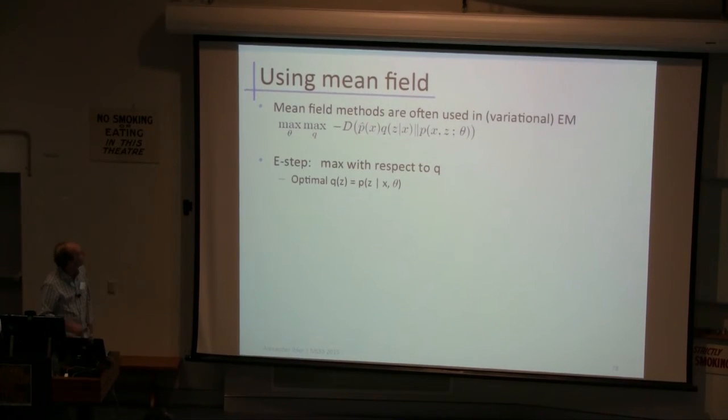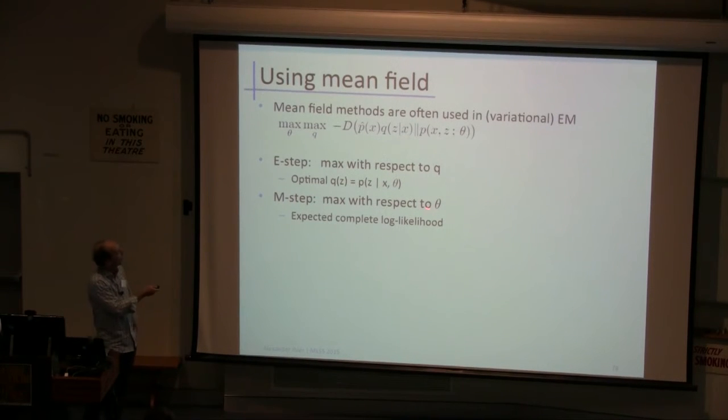So EM alternates between finding the expectation over the hidden variable Z, the optimal distribution being the conditional probability, and then maximizing theta using the expected complete log likelihood.